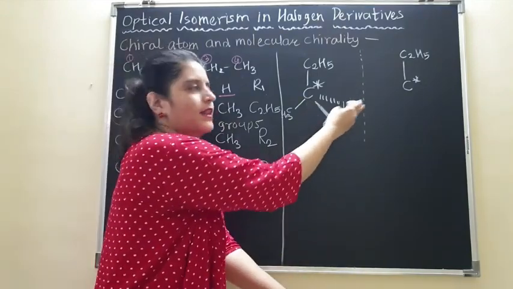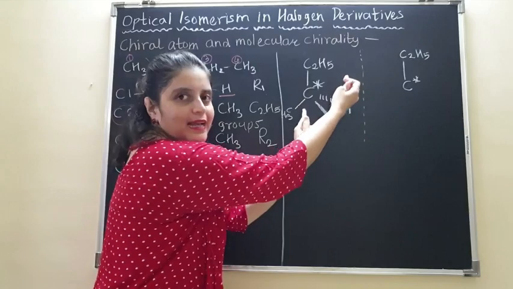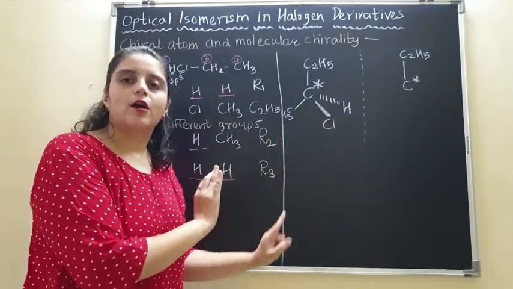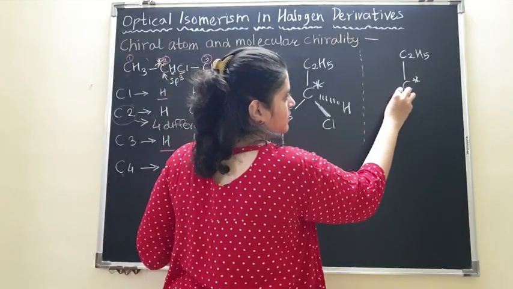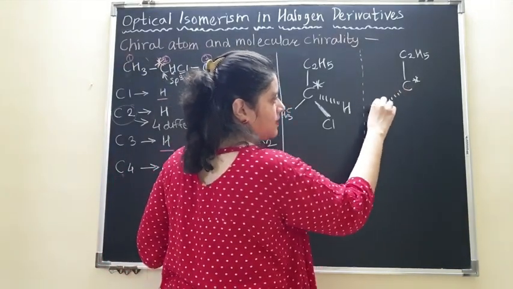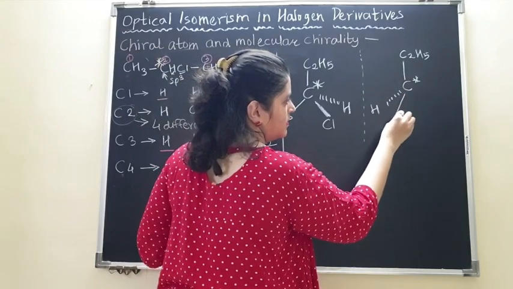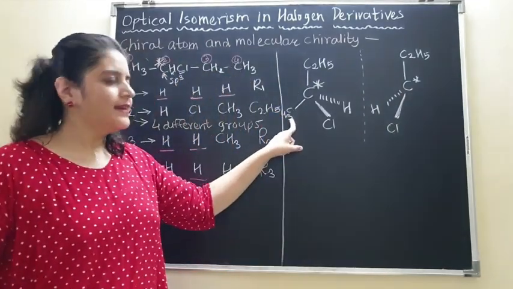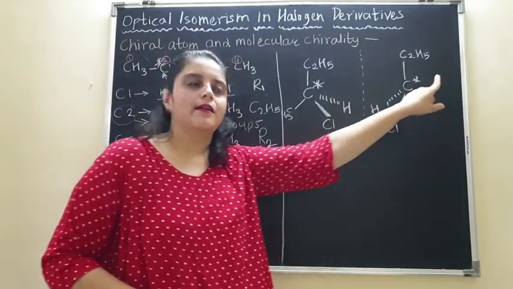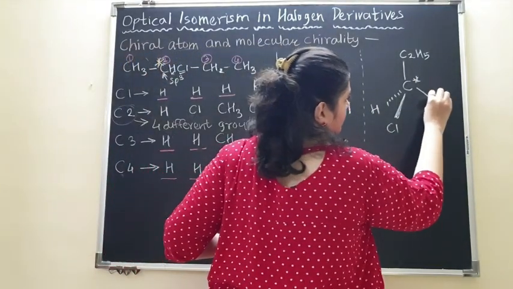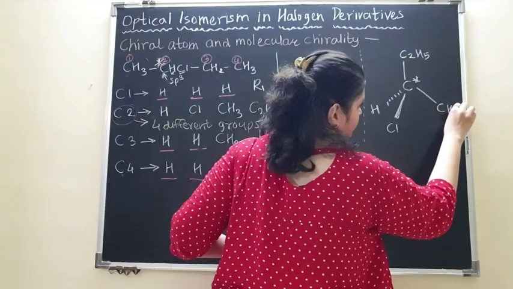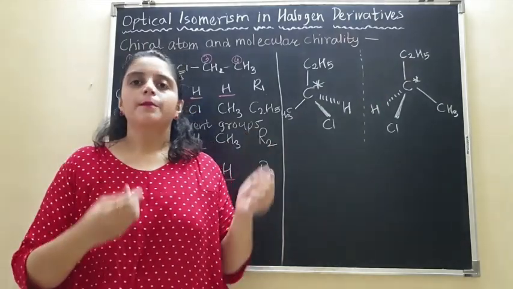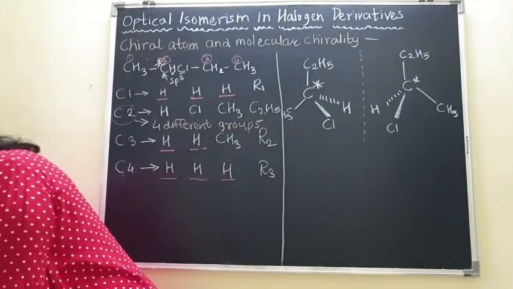So here I have drawn hydrogen atoms on, say, right side. So over here I should draw these hydrogen and Cl atoms on left side like this. H, then Cl, and this CH3 should go on right side. I hope you are able to visualize how we are drawing mirror images of different structures.